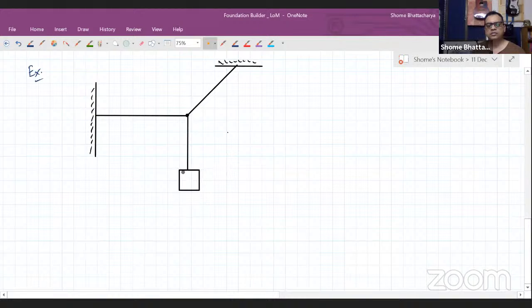Okay, so these are all massless threads.